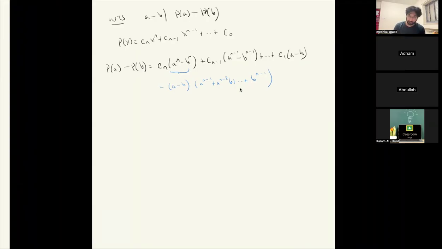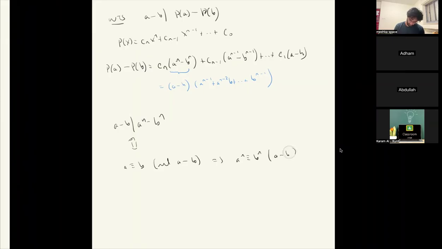Okay, good. The fact that A to the n minus B to the n is divisible by A minus B, we can do it a different way. We say that A is congruent to B mod A minus B, so A to the n is congruent to B to the n mod A minus B. Yes, that's also a great way to do it.